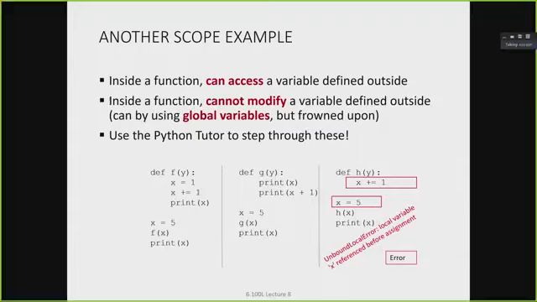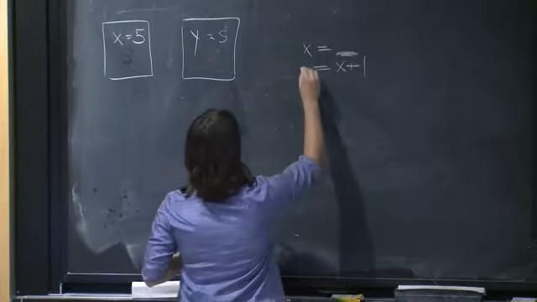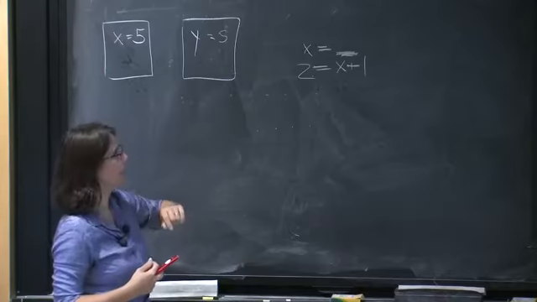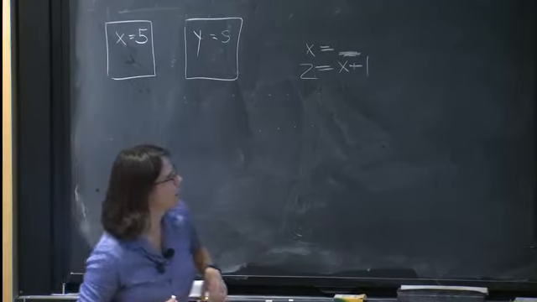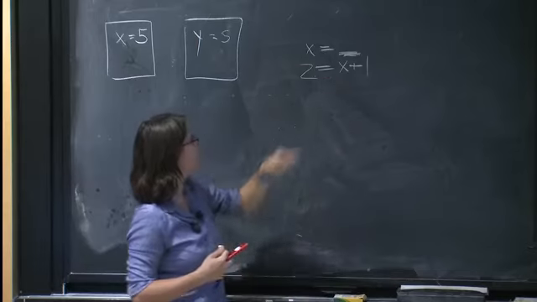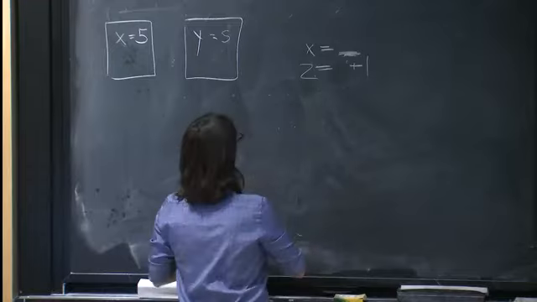Okay? And it's kind of like, if you made this be something completely different, like z, you would get the same error. You know, it would be error: variable z referenced before assignment, right? It's like you can grab x plus 1, but I don't know what z is.